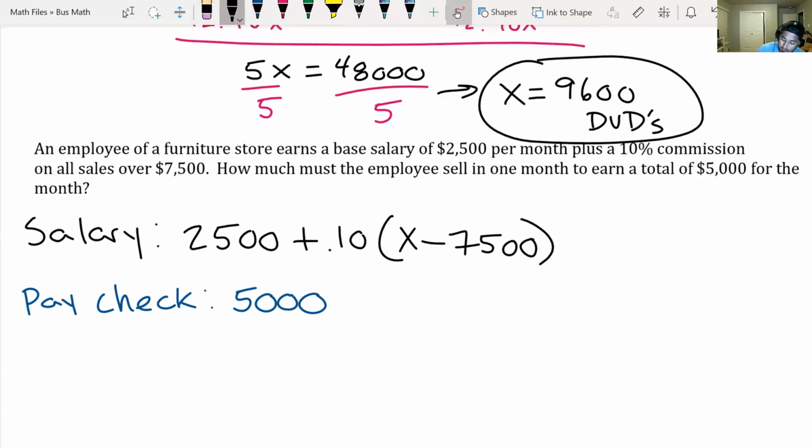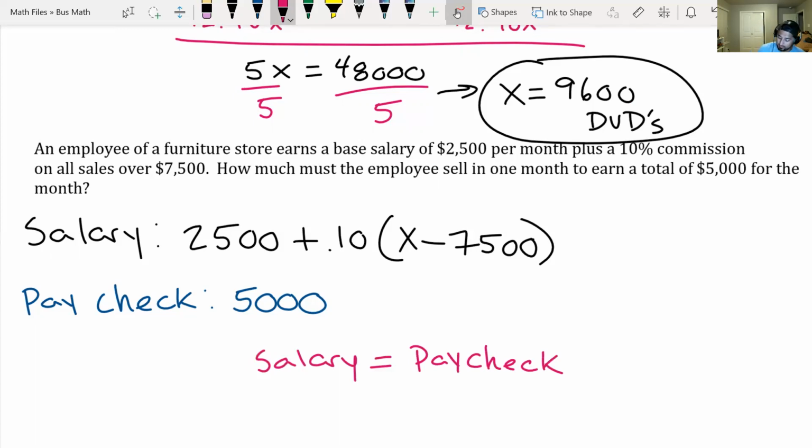I told you it would look a little bit different. Okay, so all we're going to do is set the salary equal to the paycheck.